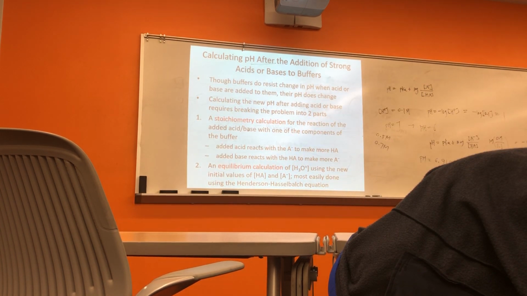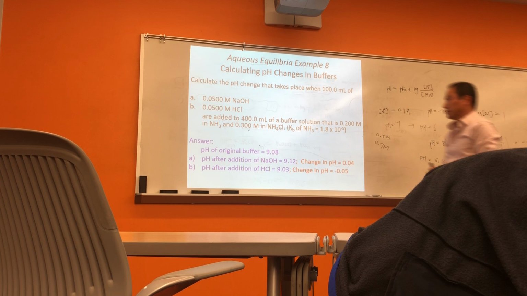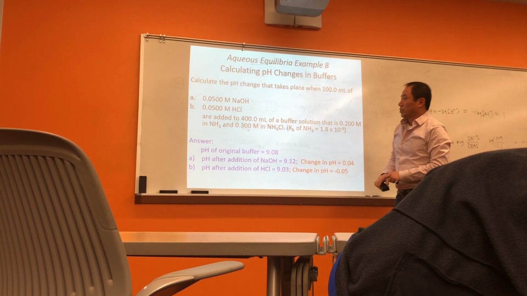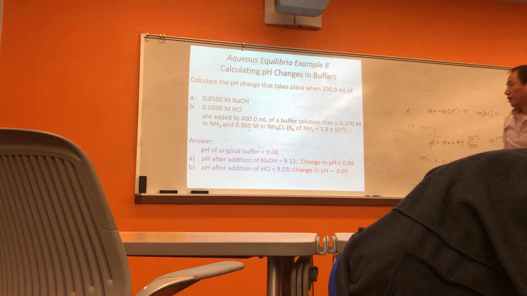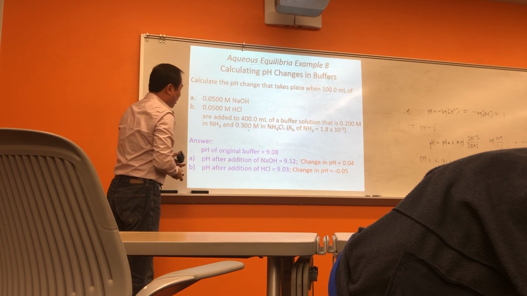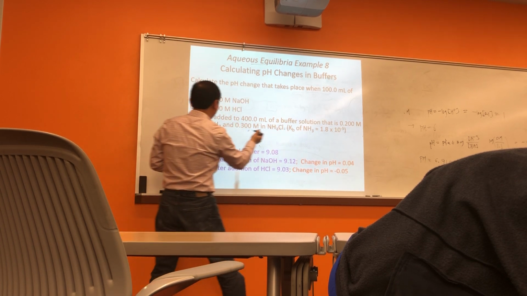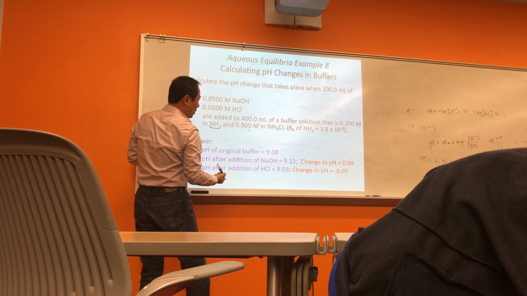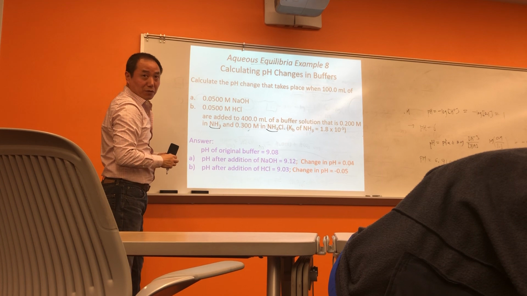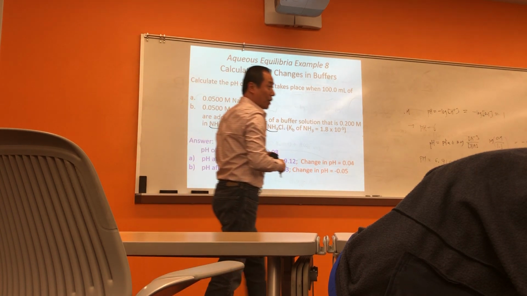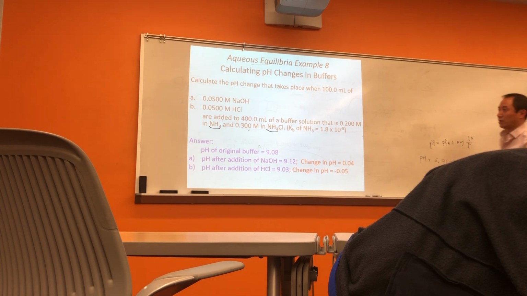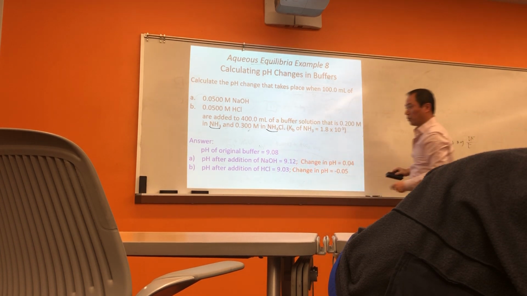Let's see. So why don't you try to find out the pH of this buffer? We are not doing this problem yet. You have a buffer that is made of a base portion and its conjugate acid. What's the pH right now? What's the pH of this buffer? You can use the Henderson equation. Why don't you confirm that the pH is 9.08?